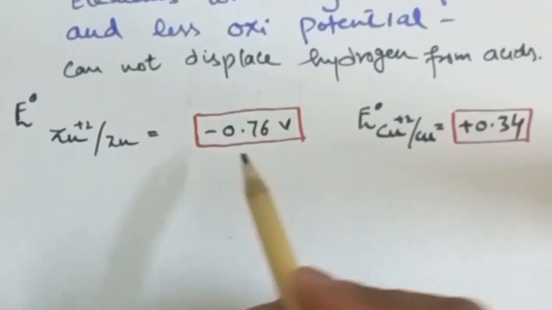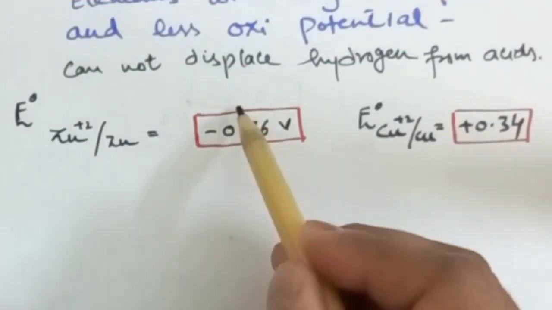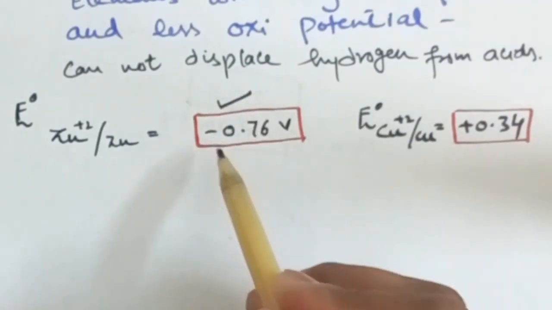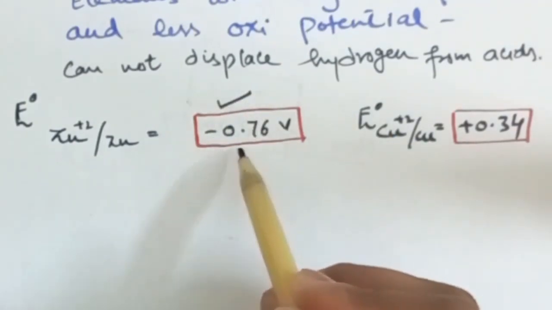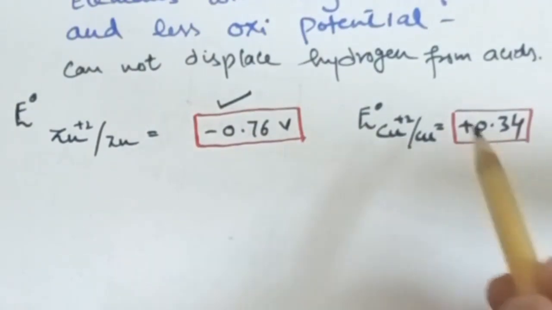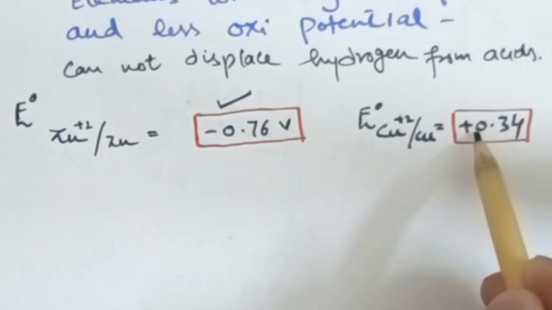Now if we take zinc, it is very less as compared to copper. For zinc the value is minus 0.76 and for copper the reduction potential value is 0.34. So the reduction potential value of copper is higher and its oxidation potential is less.